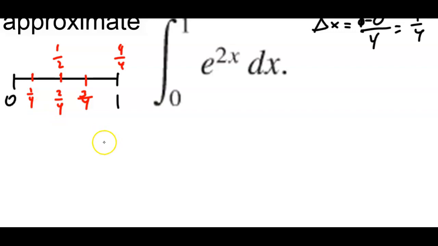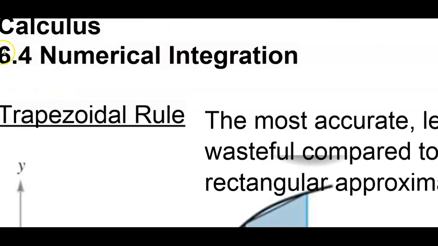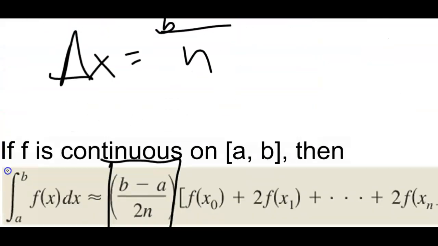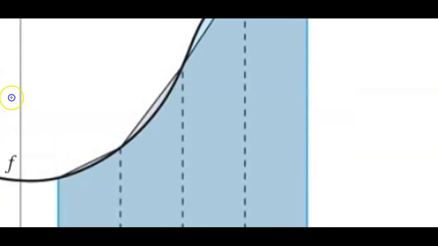It's a little different. When you graph this and evaluate it, remember that equation I told you to remember, b minus a over 2n.